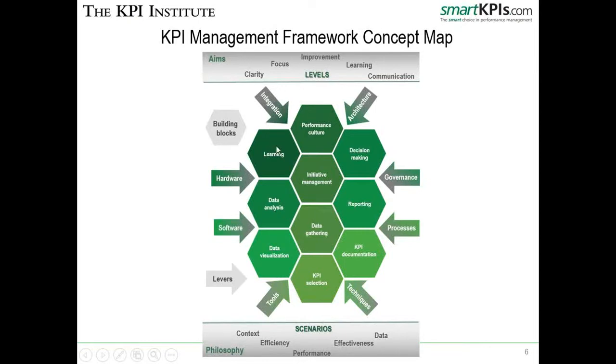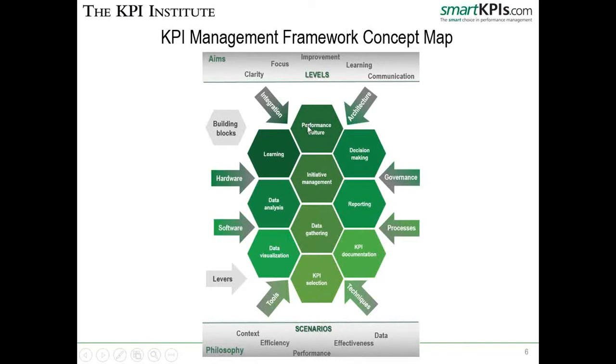management framework concept map. There are quite a few building blocks, as we call them, or facets that relate to correctly managing KPIs. Besides data gathering and analysis, we can discuss, as I already emphasized, KPI selection and KPI documentation, data visualization, reporting, initiative management, learning, decision making, and performance culture.